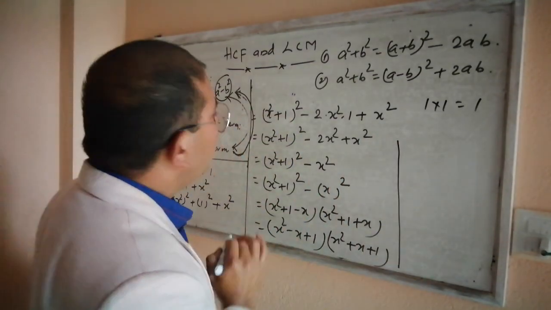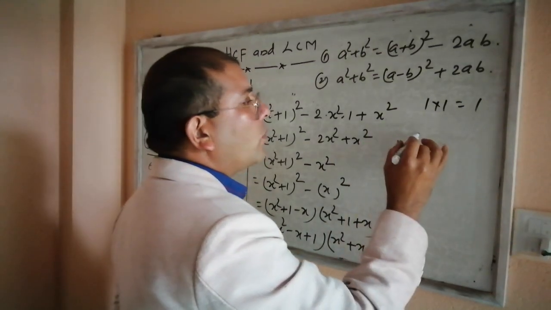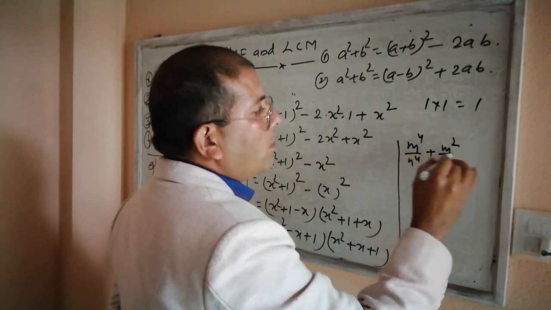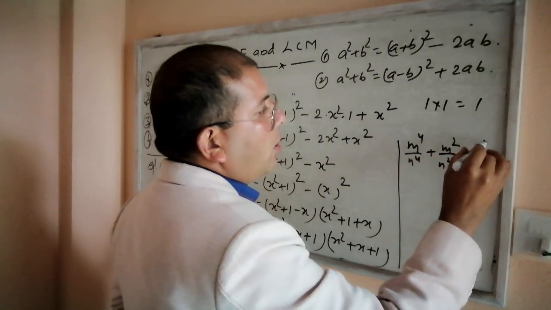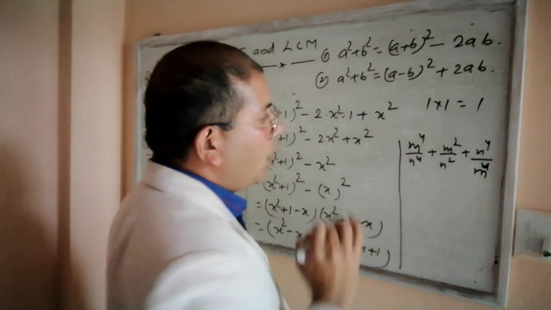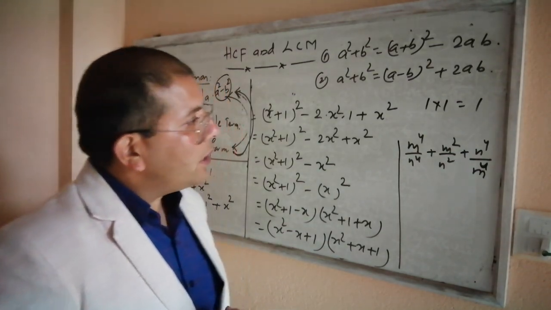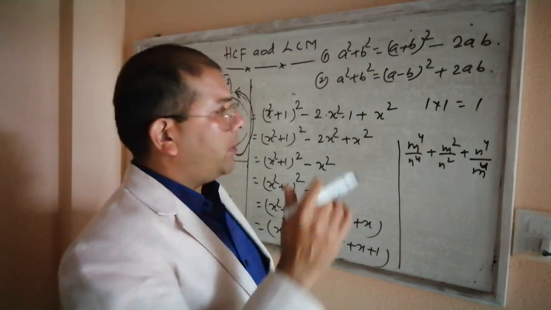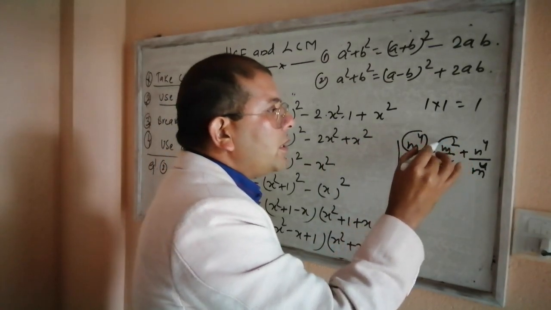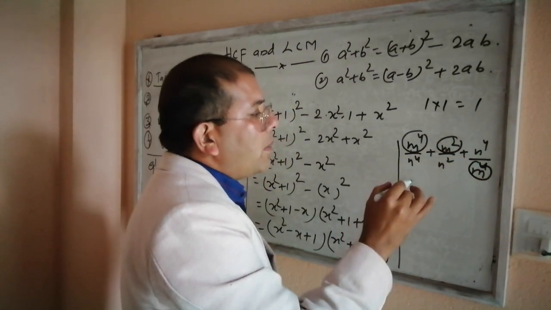I want to give you one example. Suppose there is m power 4 plus m square plus 1 over m power 4. For this question, which one is the highest and which one is the lowest? Now take only one variable, m. Here the degree of m is 4.